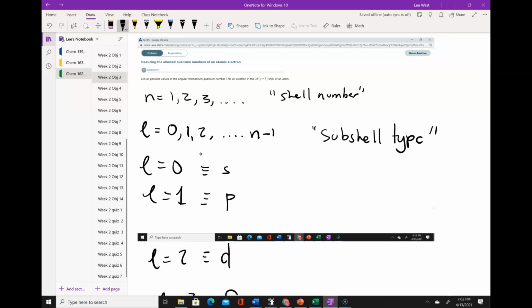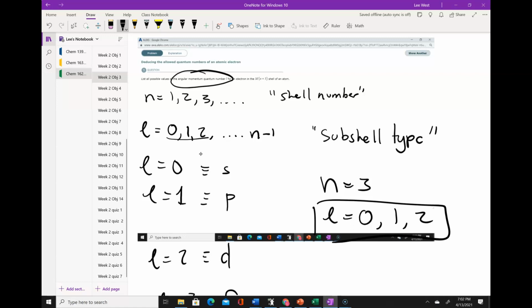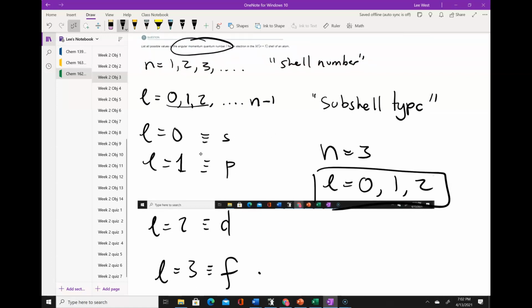So it says list all possible values of the angular momentum quantum number l for an electron in the n equals 3 shell of an atom. So when n equals 3, possible values for l would be 0, 1, or 2. So for an atom in the third shell, it can have an s, p, and d subshell.